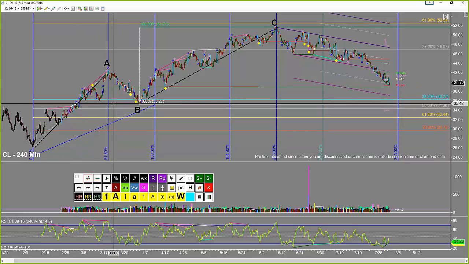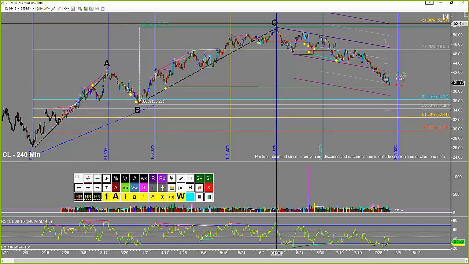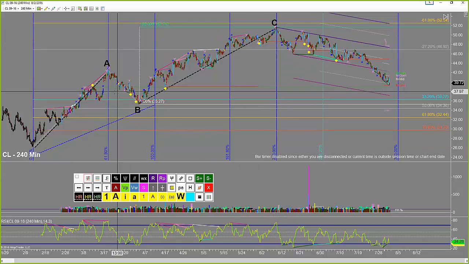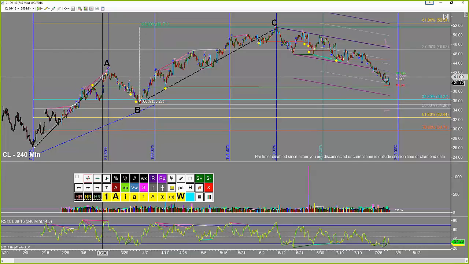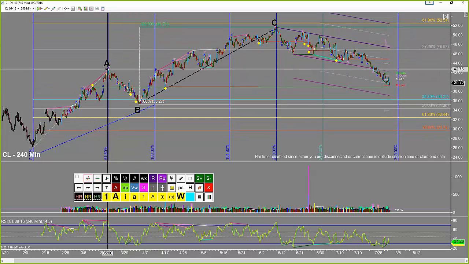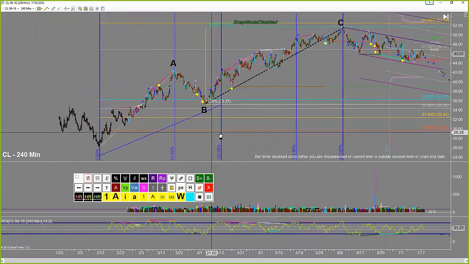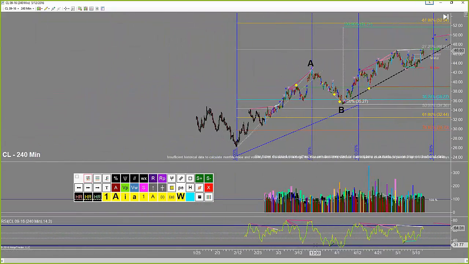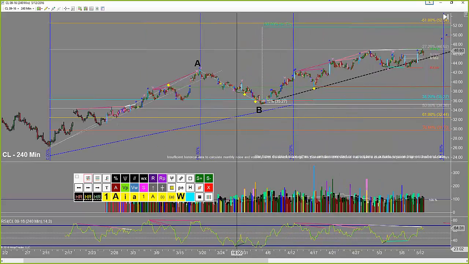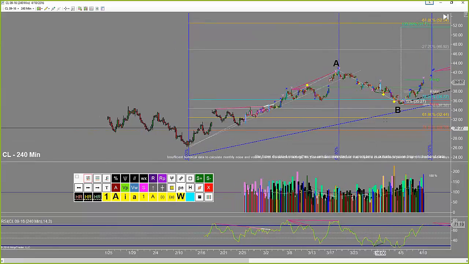So another way of using the retracements to find the end of the C wave or the end of the third wave is to actually, rather than anchor the retracement to the end of A, let's say we were something like right in here. All right, we had just started that C wave up.